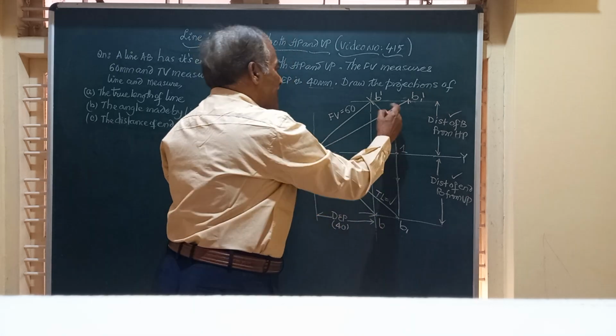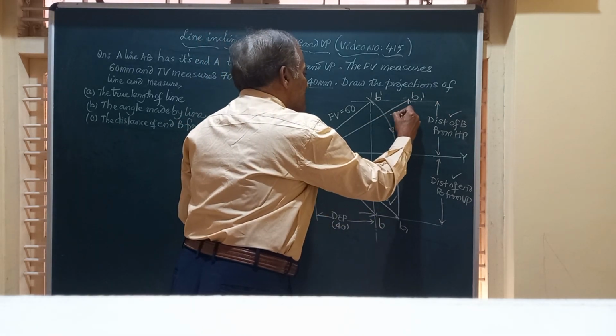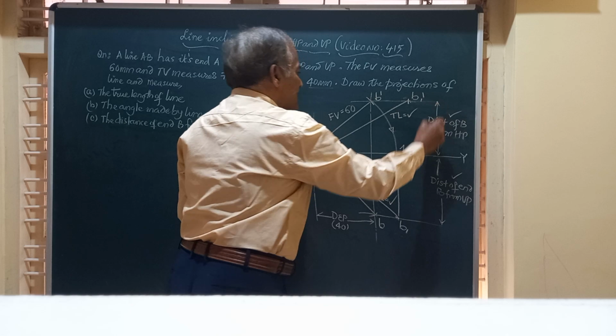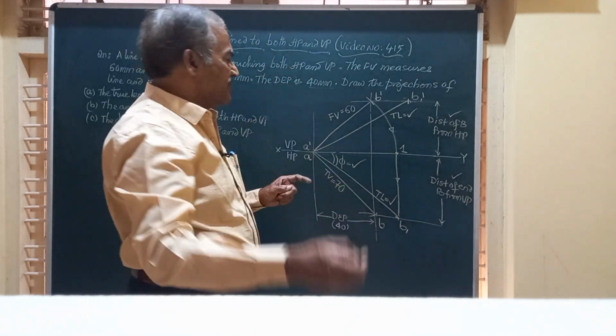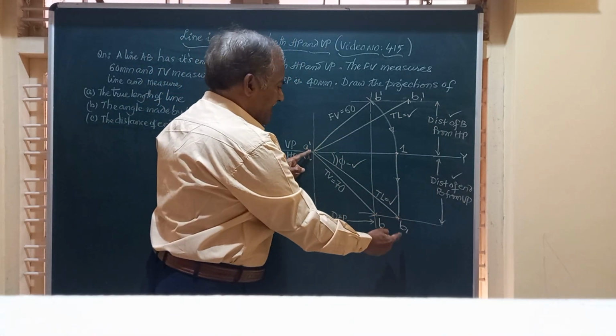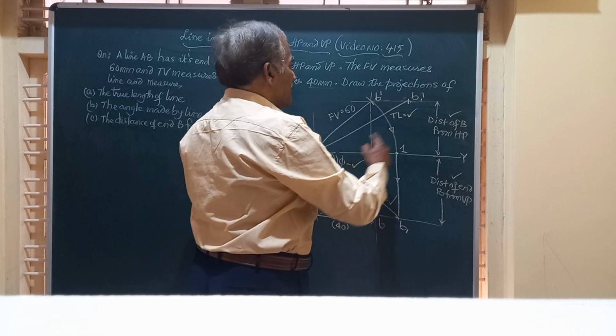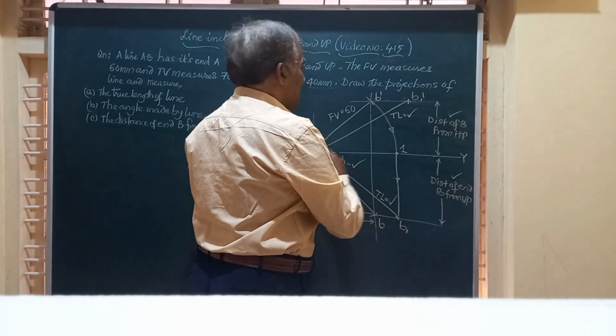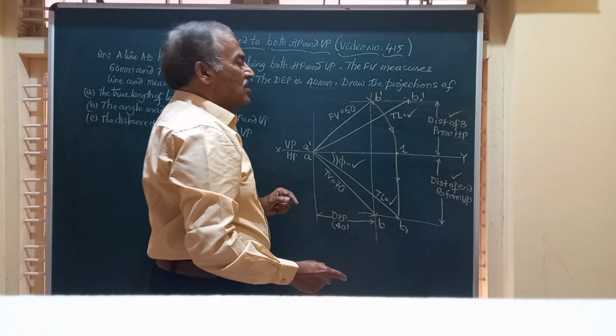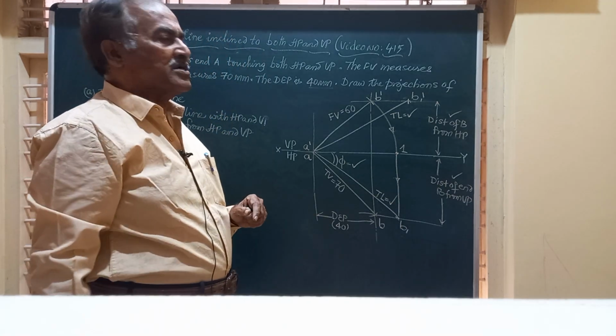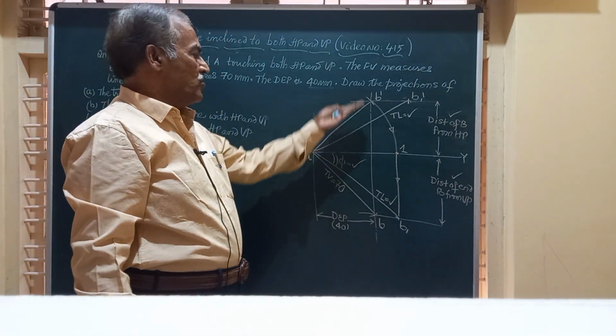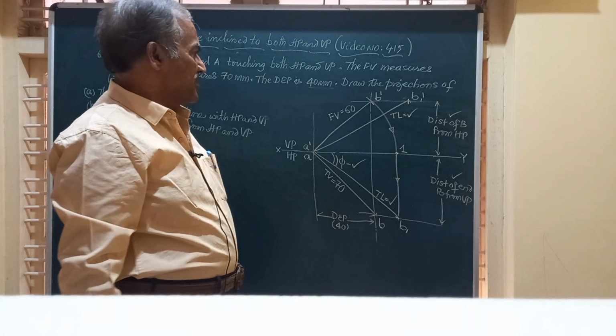The line A dash B1 dash represents the true length of the line that can be measured. Remember friends, this length A B1 and A dash B1 dash will have the same measurement because true length will be the same both above the XY line and below it.